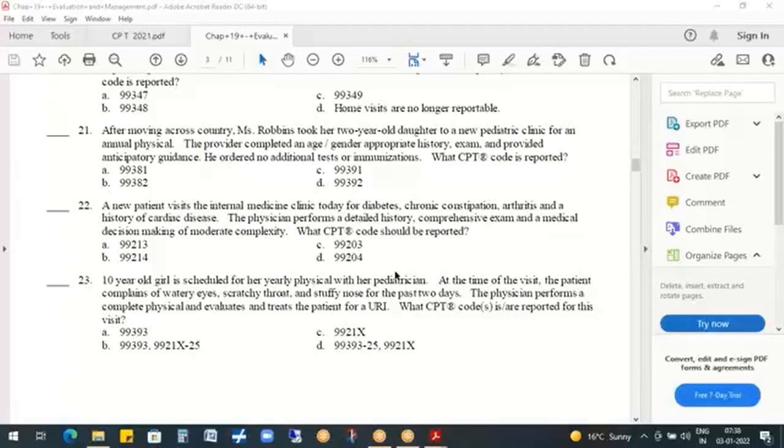New patient. Can I rule out C and D? Where will I get the answer? From A or B. Now, easily we can rule out 2 options. That's what I am telling you all: please memorize those 8 code series before going for the examination. Understood? Now, make a heading: Common rules for E&M services.